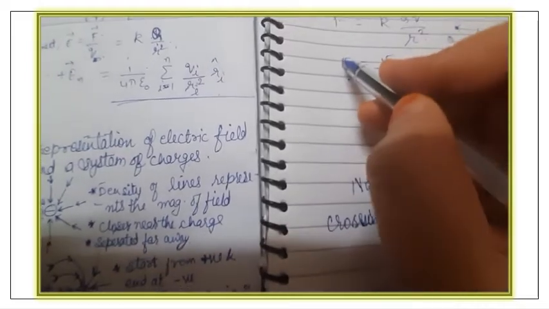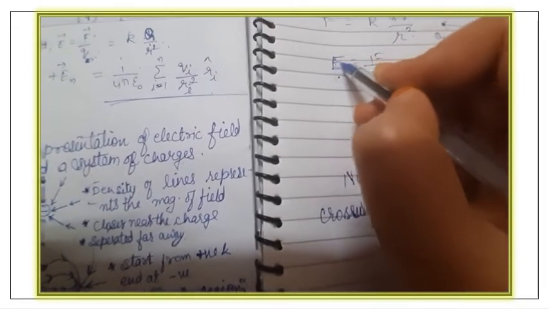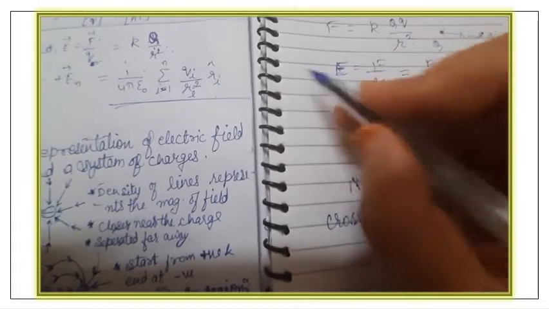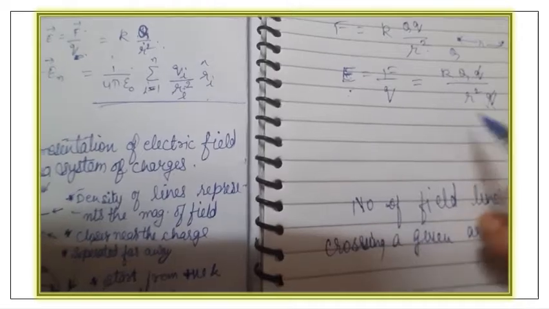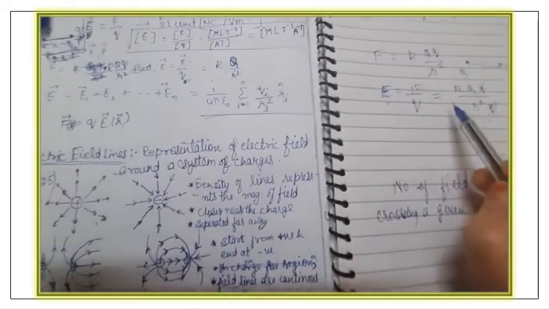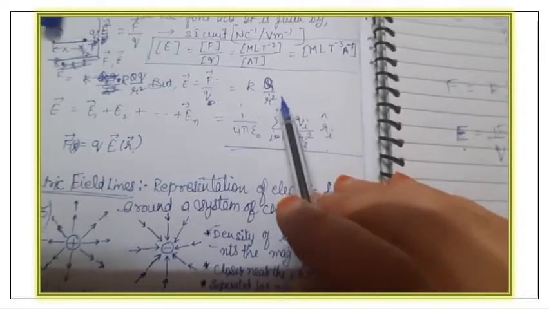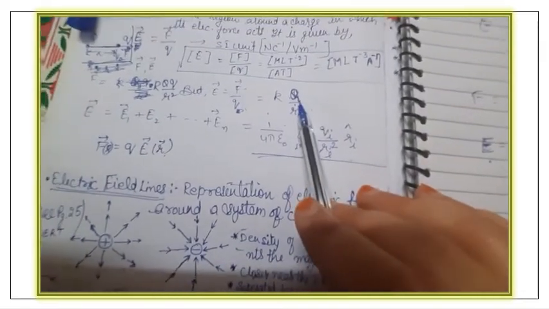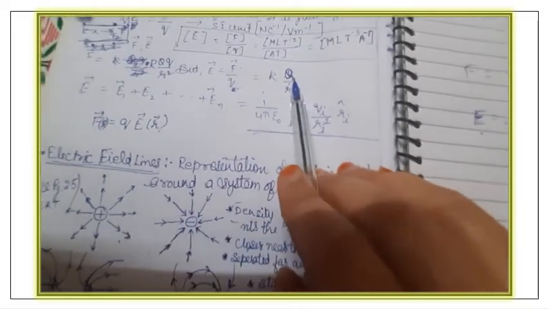Now the expression for electric field is given by F upon q, as I explained just now. So the expression for force, kQq by r square, divided by q. Q and q get cancelled and what we have is the expression for electric field of the charge capital Q. Always remember that whichever term is in the numerator, the electric field of that charge is being determined here.